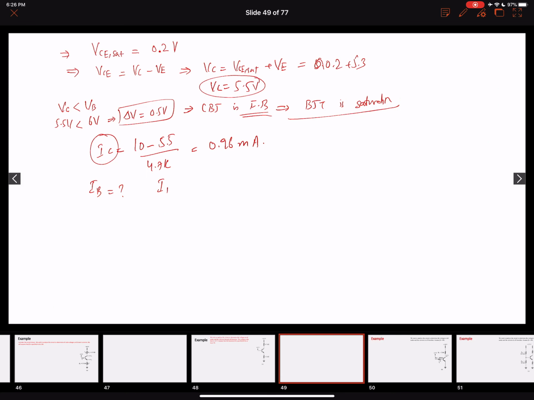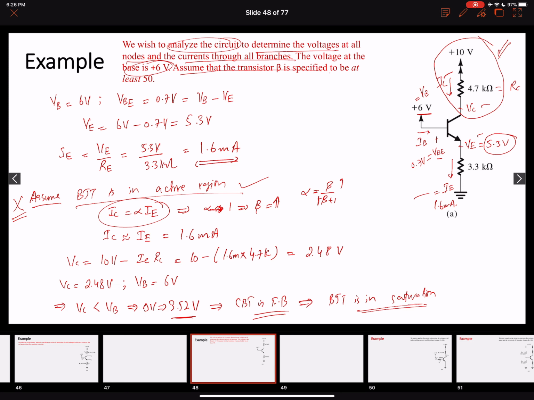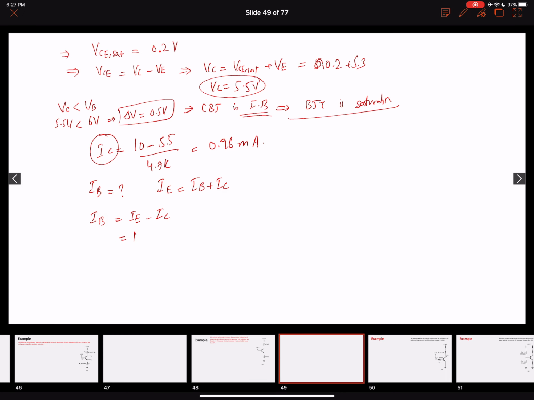Again, we know that emitter current equals base current plus collector current. So the base current will be emitter current minus collector current. What is the value of the emitter current? Emitter current was 1.6 milliamperes, and the collector current is 0.96 milliamperes.